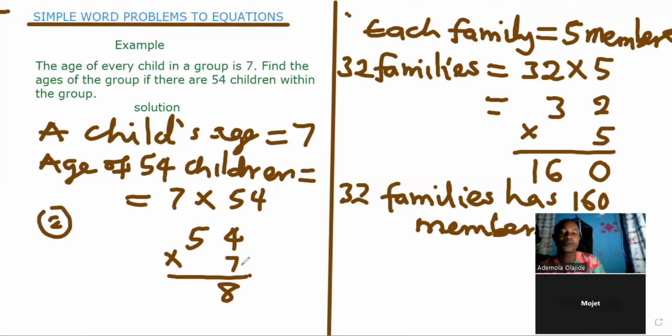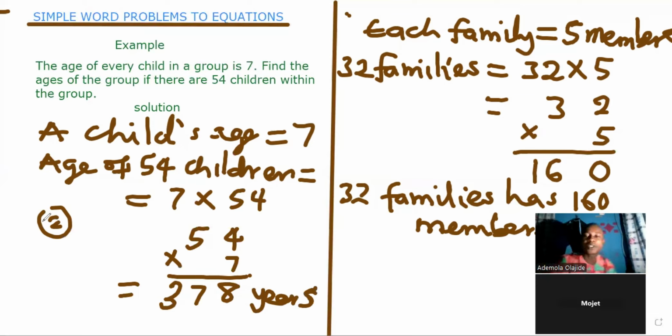So we have 7 times 5, 35. 35 plus 2 you kept, 37. So that is 378. That means the age of 54 children equals 378 years. So we have this.